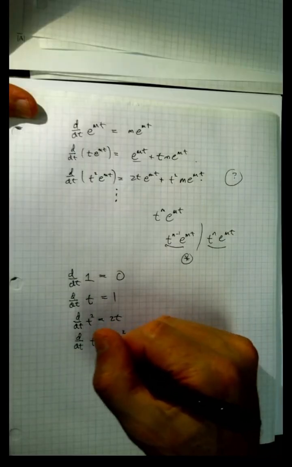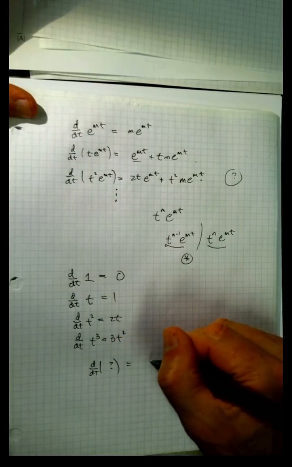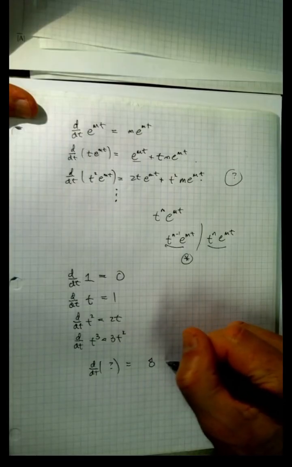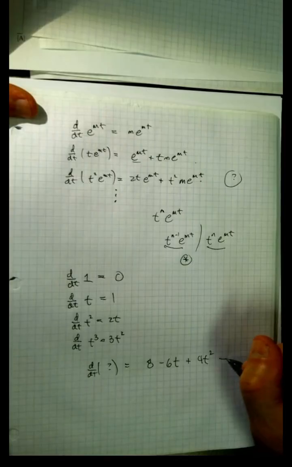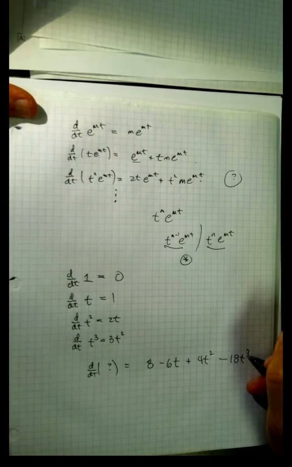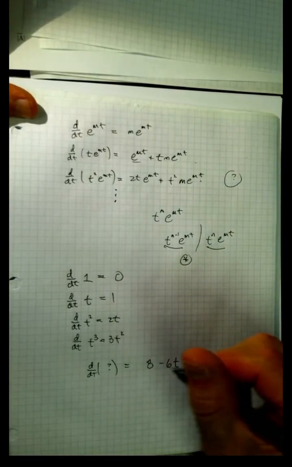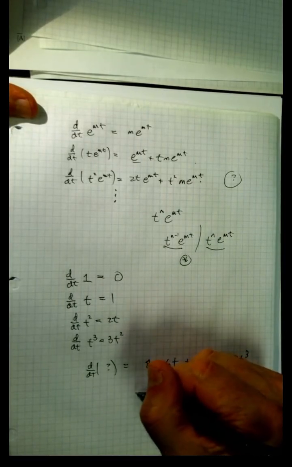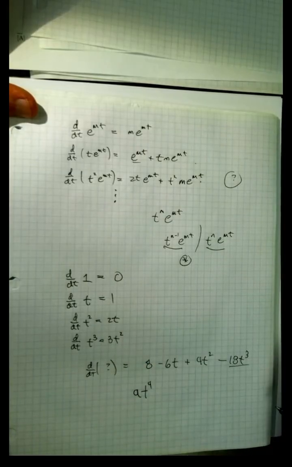So if I was told that the derivative of something is equal to 8 minus 6t plus 4t squared minus 18t cubed, I could just integrate it, but I could also note that because of this, it's going to look like something times t to the fourth.